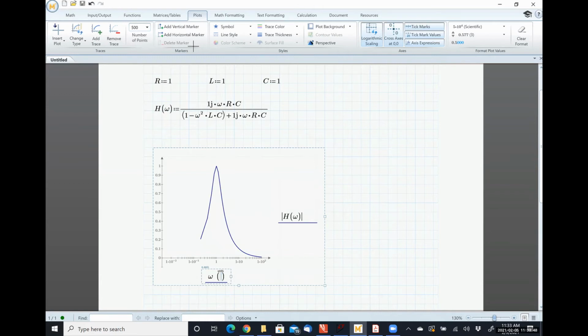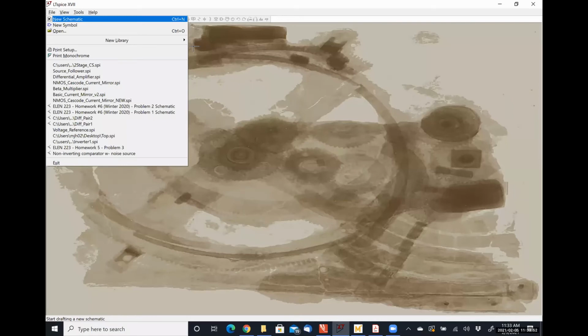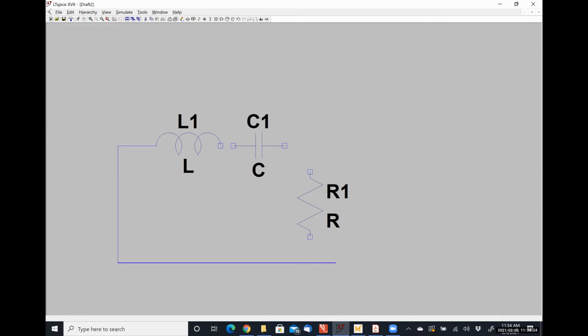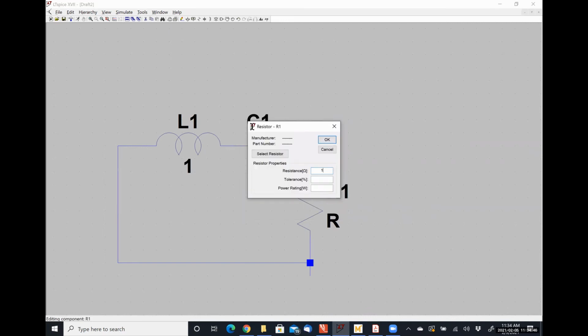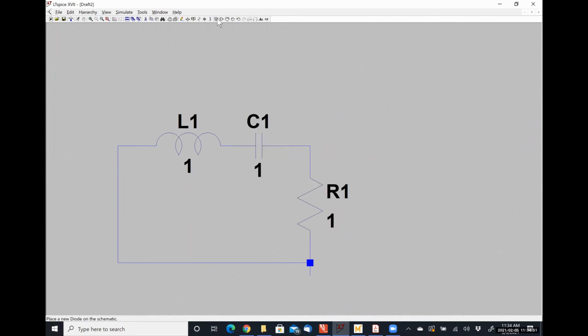We have a resistor, an inductor, and a capacitor. 1 Henry, no series resistance, although the resistor value is large enough it shouldn't matter. 1 farad, 1 ohm. No, wait, I don't need a diode, I need a voltage.